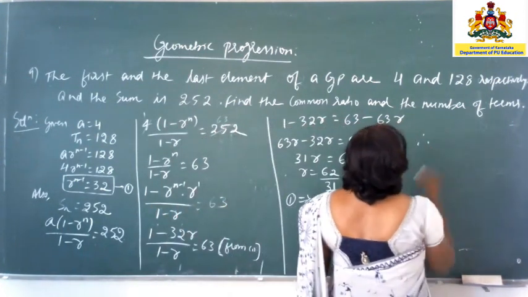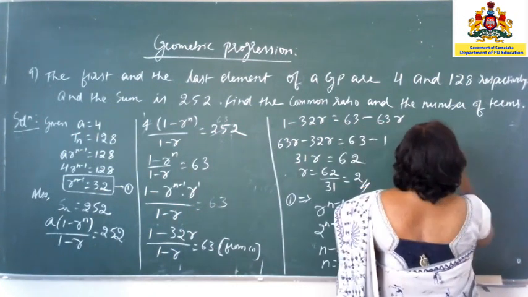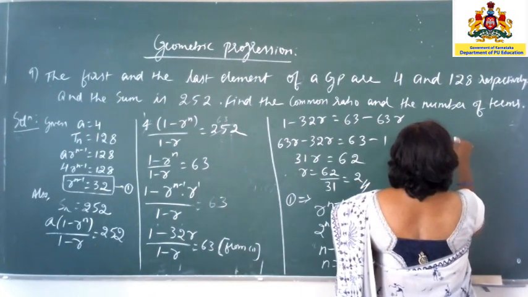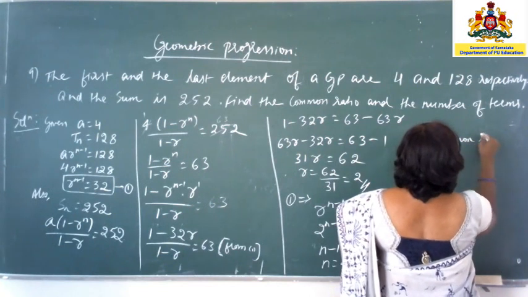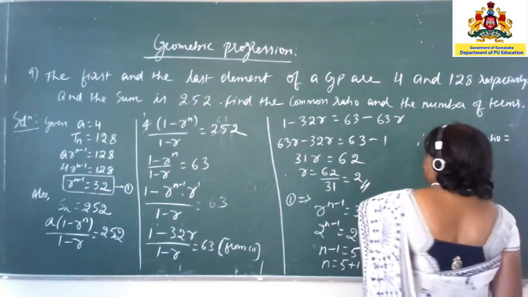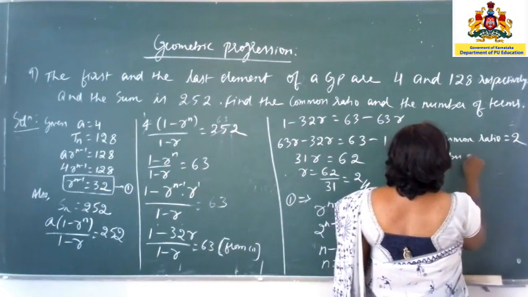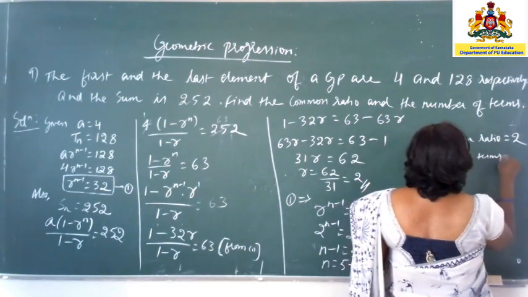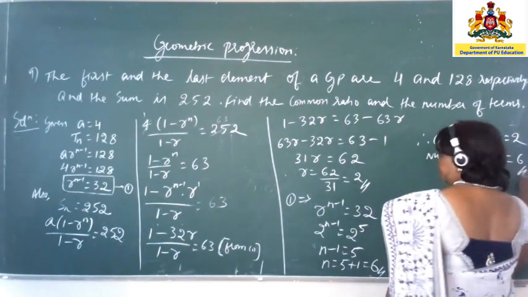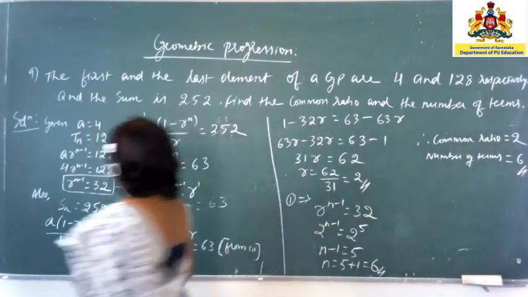Therefore the common ratio is equal to 2 and number of terms is equal to 6.